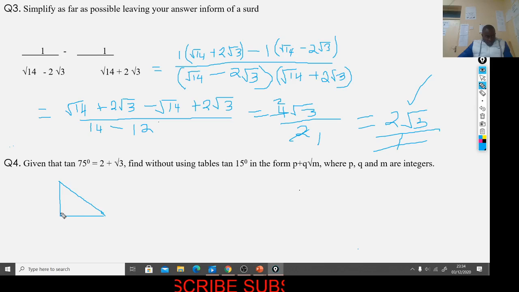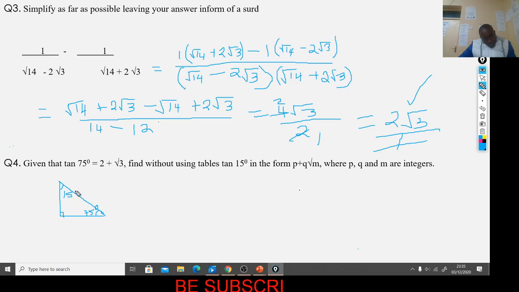If I have 90 here, and I take this as 75 degrees, the angles of a triangle add up to 180, so the remaining angle makes 90. So 90 minus 75 gives you 15. So this is my 15 degrees.